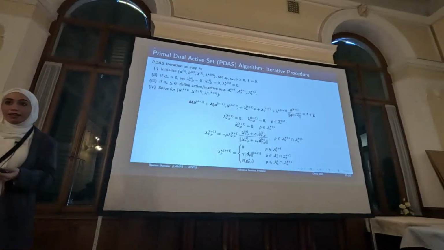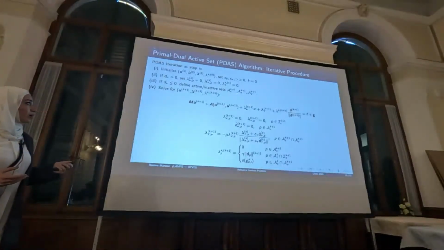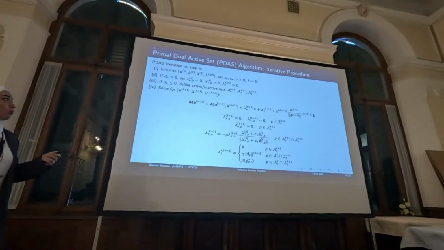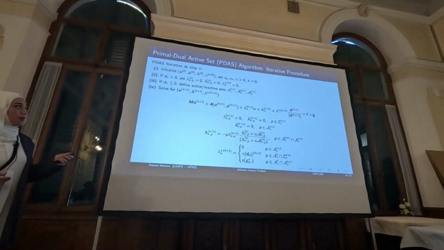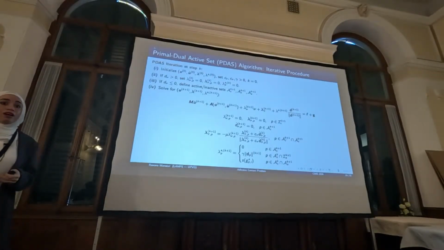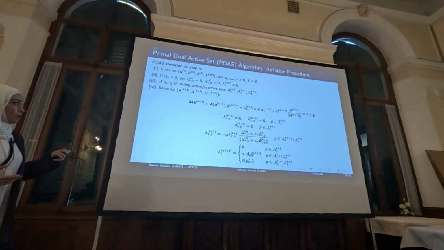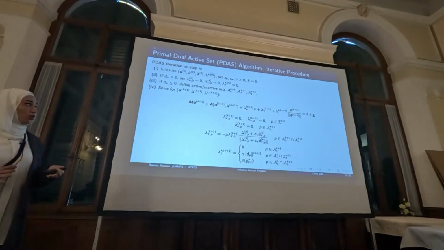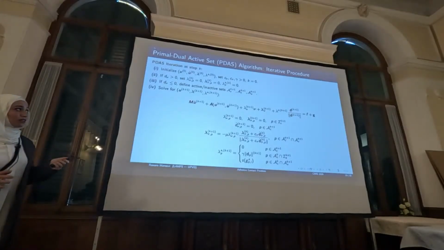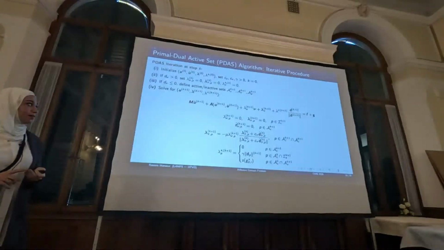At iteration K, the iterative scheme works as follows. First, we initialize the variables U, lambda, lambda A, and we set the parameters and K equals 0. If the contact gap is positive, we set the adhesion, friction, and contact force to 0. Otherwise, we define the active-inactive contact, friction, and adhesion sets.